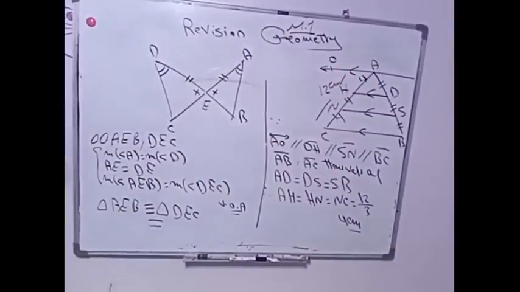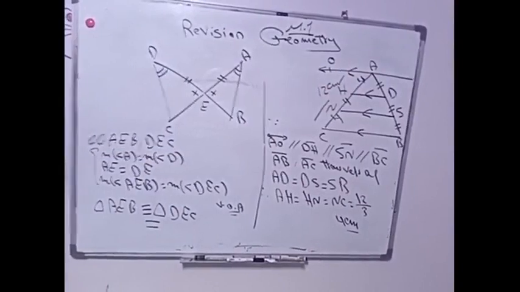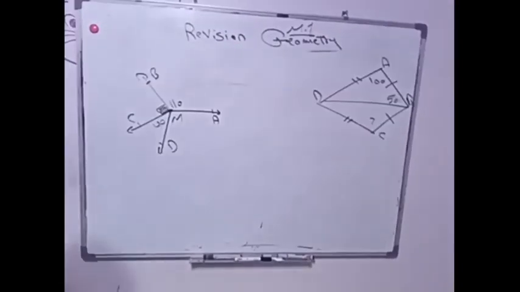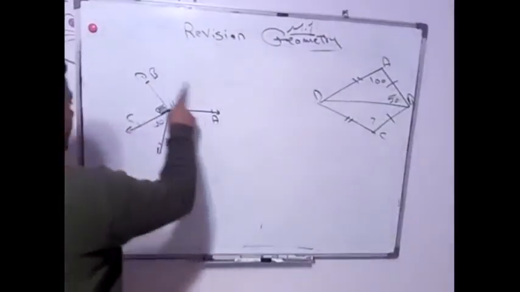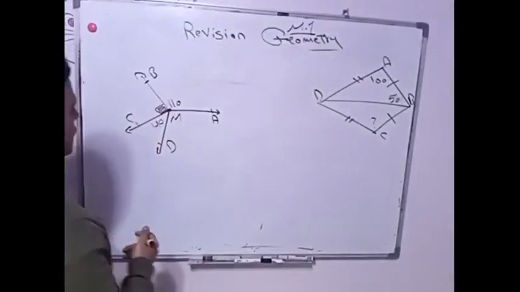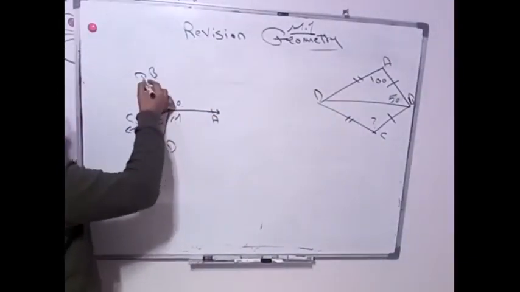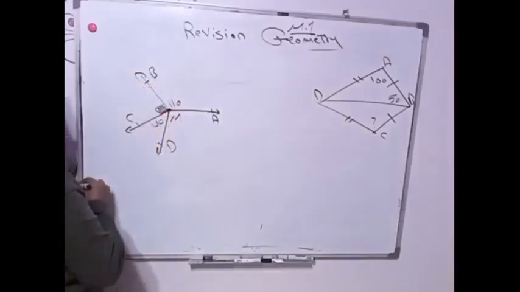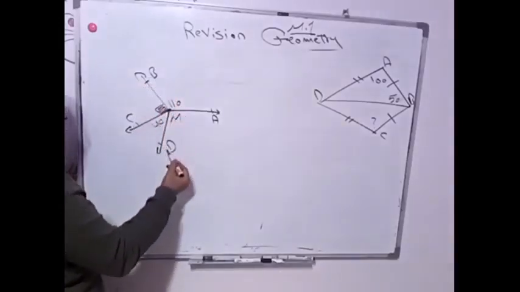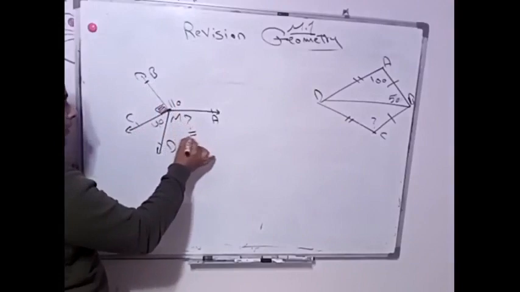This is my question now. In my question now, we have the accumulative angle at a point equal to 360. We have angle AMB 110, angle BMC 90 degrees, and CMD 40. I want to find this angle.